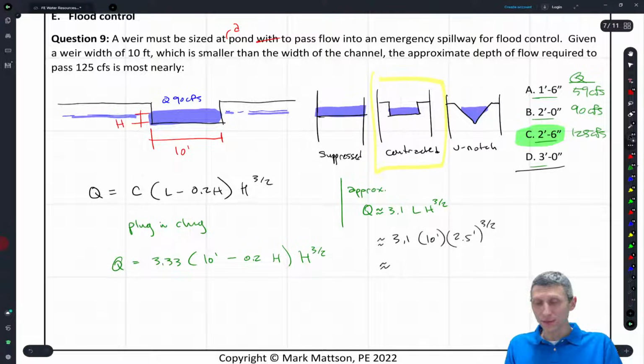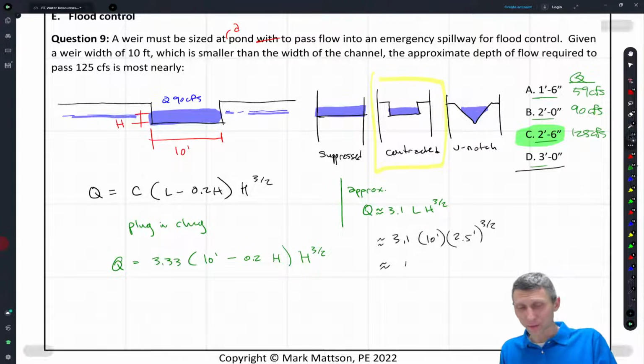Again, this isn't in the manual, but it's a reasonable approximation. Times 10 times what, 2.5 to the 1.5. This is going to give us about 123 CFS. So again, it's really close.